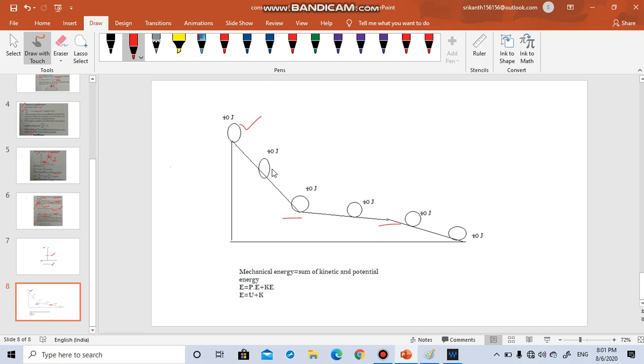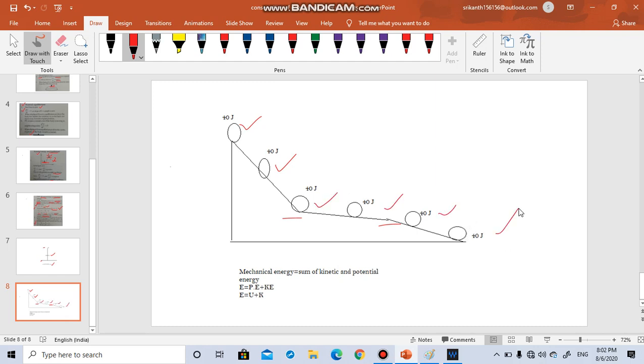We are theoretically assuming that it is a perfectly smooth hill. However, it will never exist like that in reality. You just assume that. These are all different points.